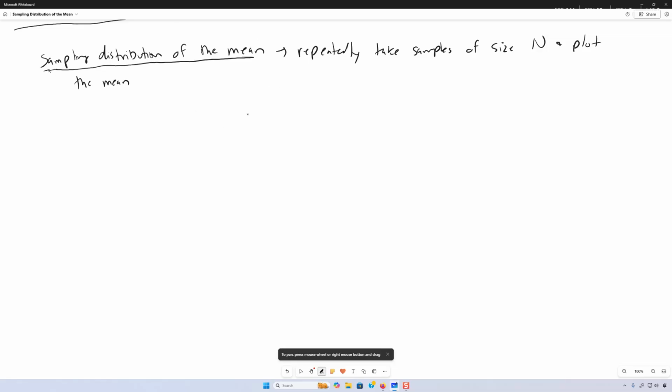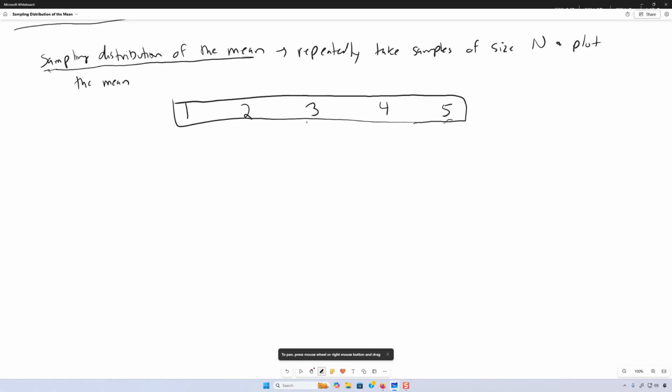Let's take an example. Let's say hypothetically our population is 1, 2, 3, 4, 5. Now, obviously, our population would never be this, but for an example, let's just say that these are all the scores of the population. What is the shape of this population?